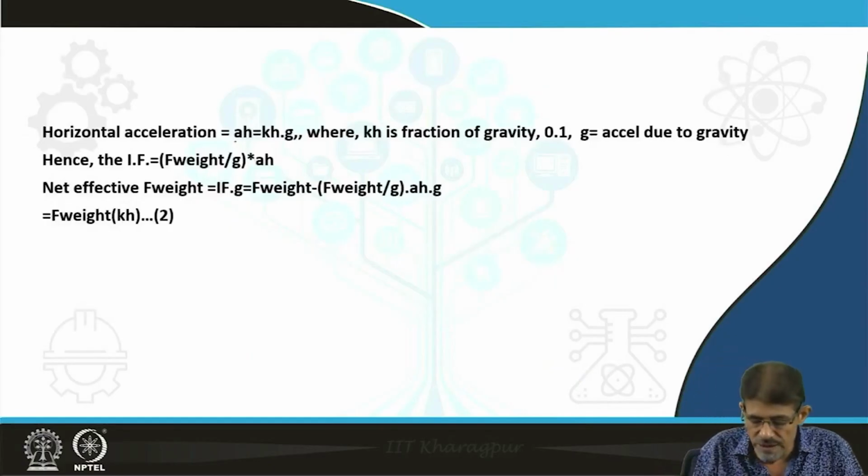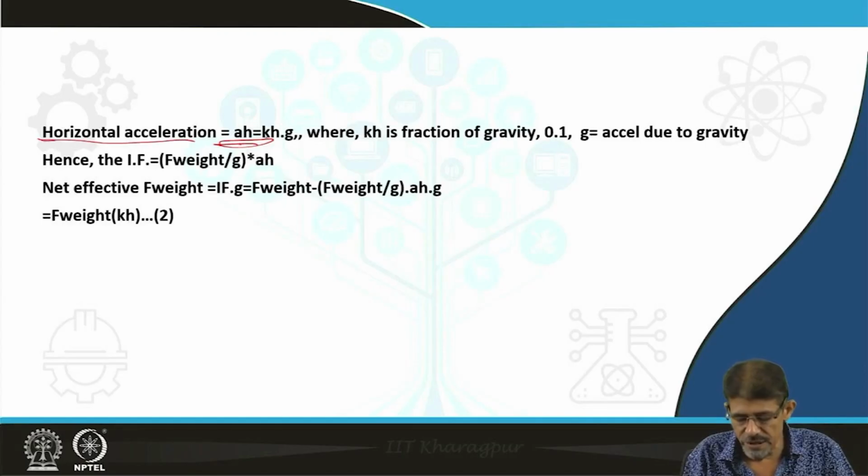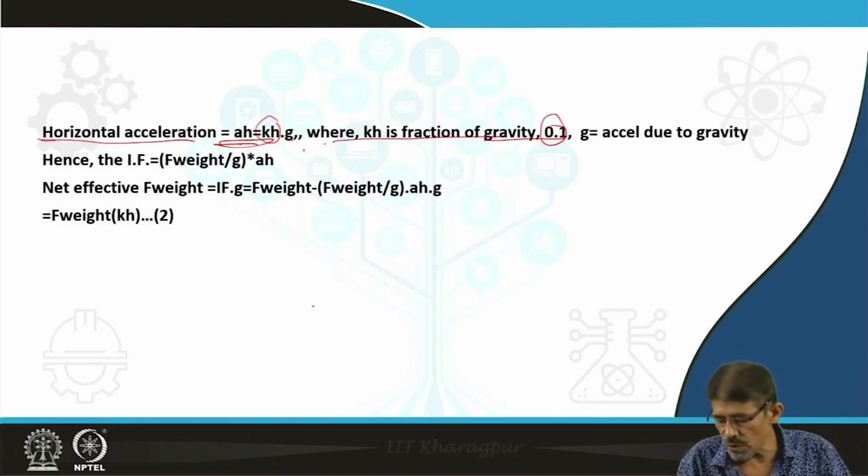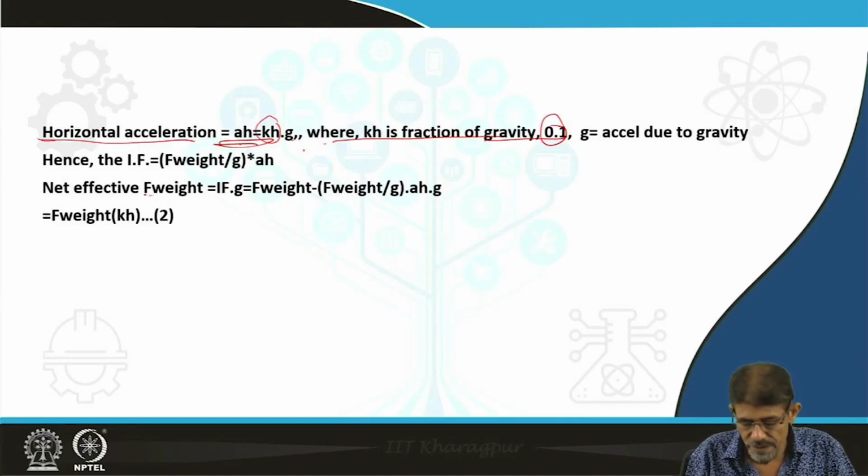Similarly, for the horizontal case, there is horizontal acceleration AH equal to KH into G, where KH is a fraction of gravity taking a value of 0.1, and the net effective force in case of horizontal acceleration is simply W into KH.